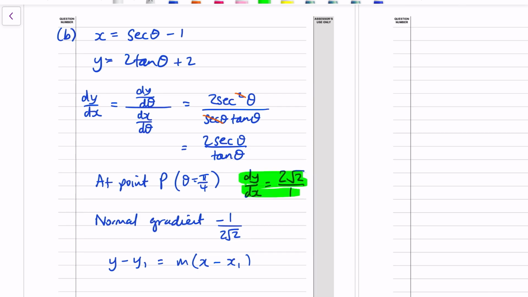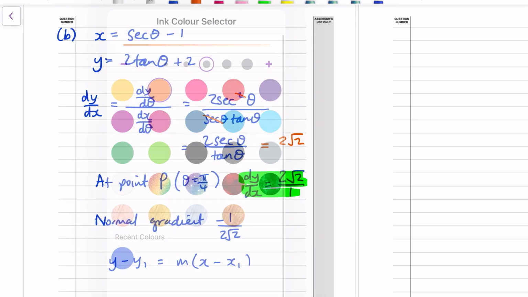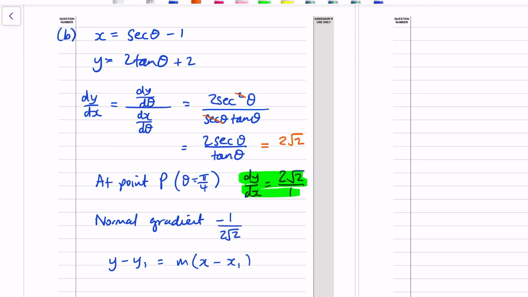I would go back and make the gradient function equal to 2 root 2 and solve for another value of theta. Find out that it's actually at 3 pi over 4. At that value of theta, we'd find the coordinates and find that the coordinates are -1 minus root 2 comma 0, just like the GeoGebra diagram showed.